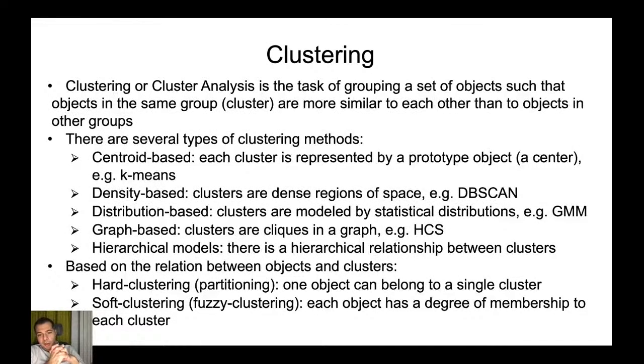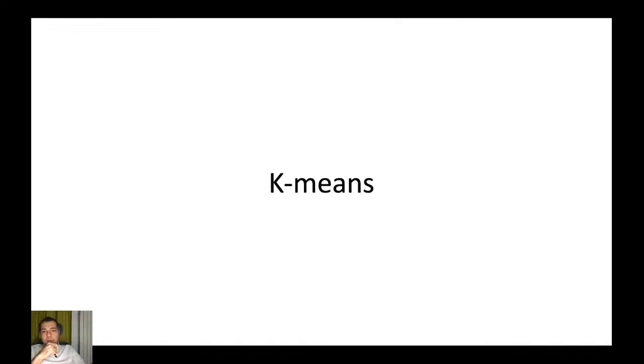Soft clustering is also known as fuzzy clustering. In this type of clustering, the object doesn't belong to a single cluster. Instead, it has a degree of membership to each cluster, so it can have a degree of membership of 1, or of 0, and so on. Yeah, this is the taxonomy of clustering methods.